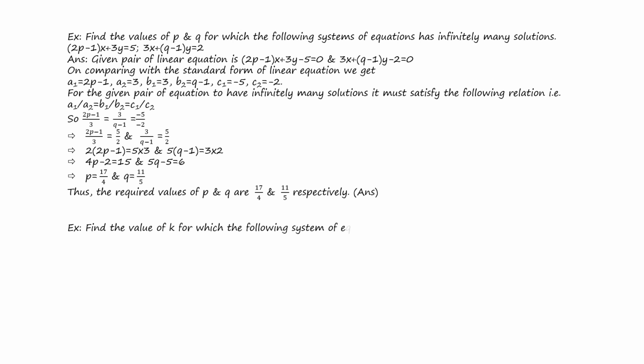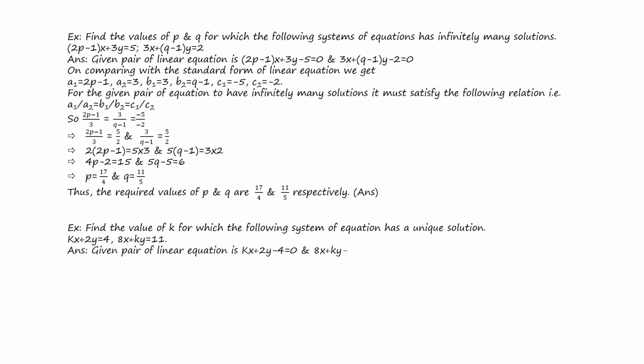Let's see another example. Find the value of k for which the following system of equations has a unique solution. The pair of linear equations is kx plus 2y equals 4 and 8x plus ky equals 11. So the given pair is kx plus 2y minus 4 equals 0 and 8x plus ky minus 11 equals 0. So we have a1 equals k, a2 equals 8, b1 equals 2, b2 equals k, c1 equals minus 4, and c2 equals minus 11.